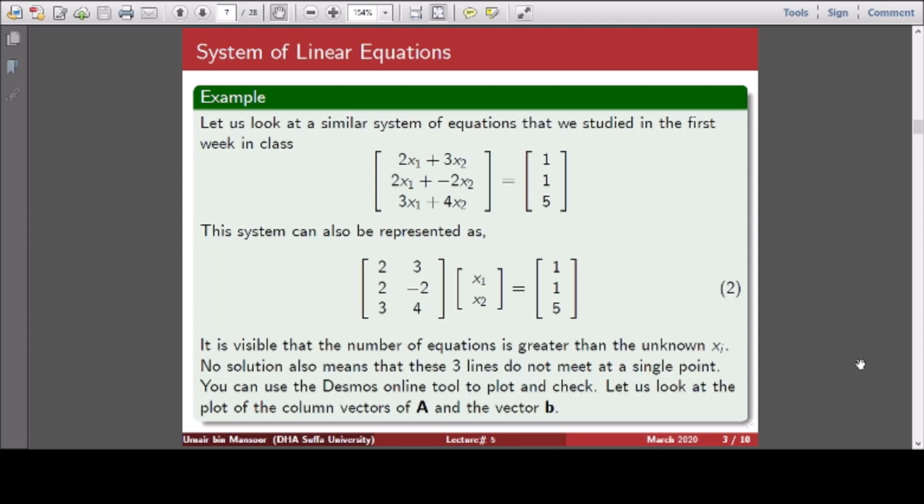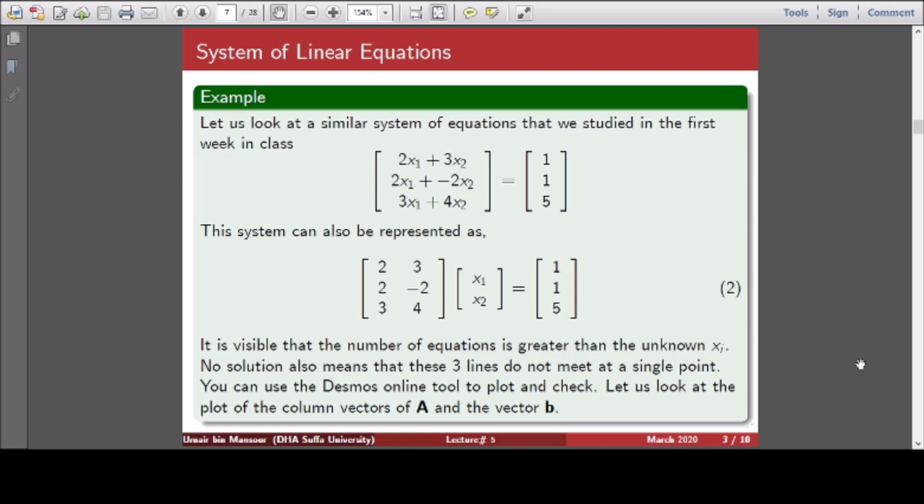When we plot these equations of lines together in an xy plane, we are going to see that they intersect each other, but all three of them do not intersect simultaneously at a single point.